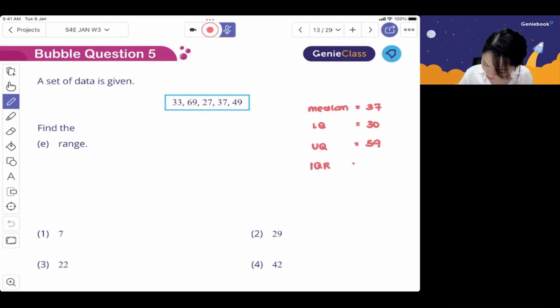And interquartile range will be 29. These are the key values we found from the previous four bubble questions. Now you are asked to find the range. You have 30 seconds for this again. Your time starts now. So how do we find the range?